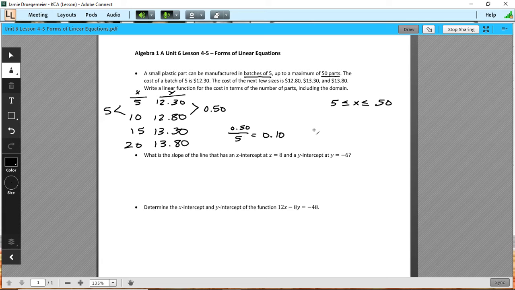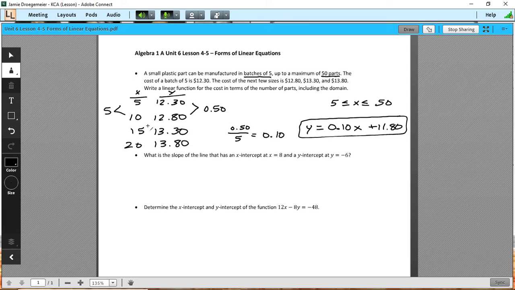So our y-intercept, or that cost when we have 0 parts created, we're starting with a cost of $11.80. So our equation is going to be the 10-cent slope times x, which is the number of parts, plus that $11.80 that we said is our y-intercept, our cost when x is 0.